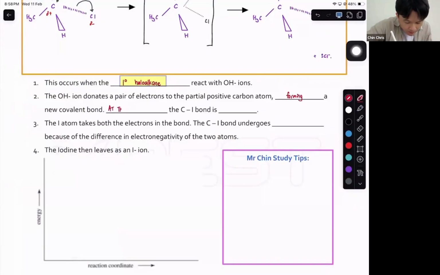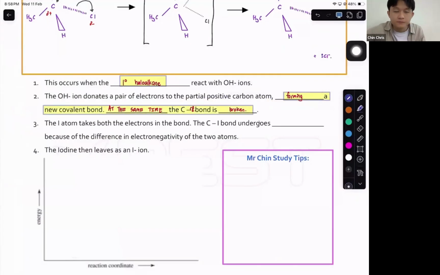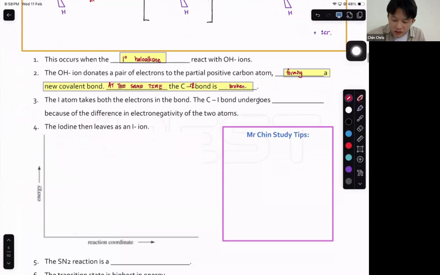At the same time, the C-Cl bond is broken. That's it. So you see, you are forming a bond at the same time as stepping into a new relationship. Oh no. Okay, so this type of bond breaking is a heterolytic fission because you are getting a positive and negative charge.